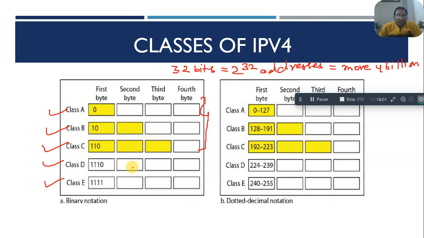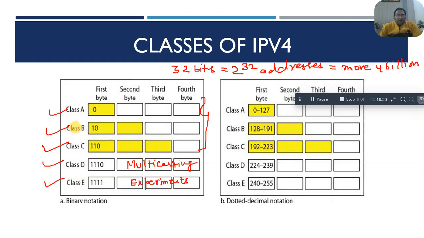Class D is used for multicasting, and class E is used for experiments or research work. So we are going to use only class A, class B and class C IP addresses for assigning IP addresses to devices.